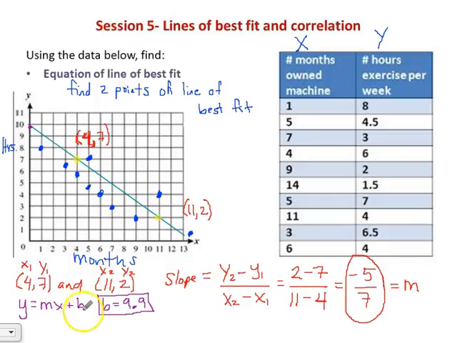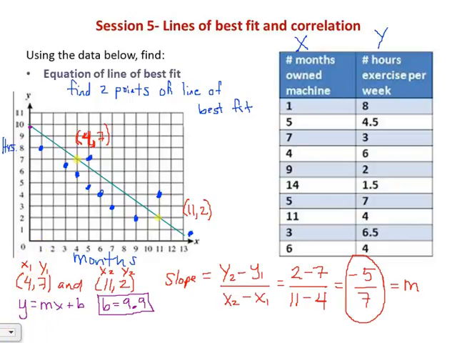So b represents, remember, your y-intercept where it crosses your y-axis. Or another way is you could choose one of our points and plug in y, m, and x, and then solve for b. But because we're running out of space on this slide, I'm just going to look at my graph and see that it's about 9.9 for my y-intercept.